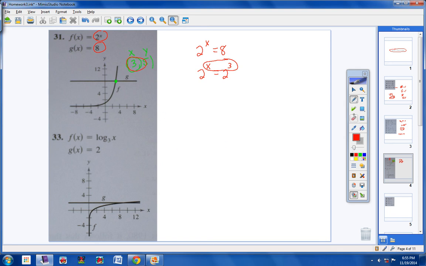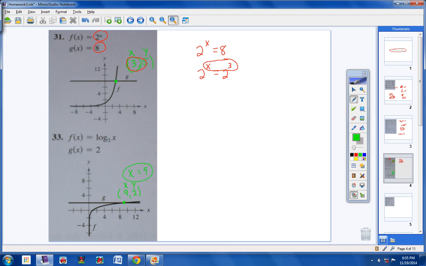Now same thing down here. We're going to approximate the point of intersection, which will be right here. 9, 2. And this is your x, and this is your y. So it looks like x equals 9, okay?